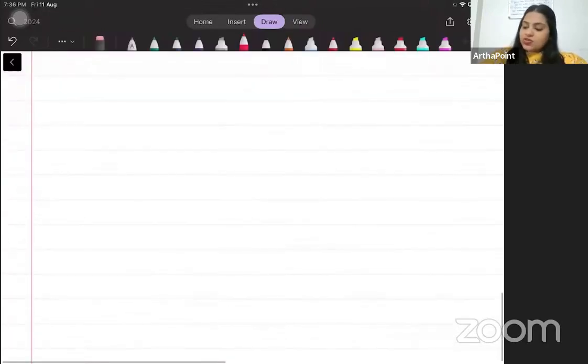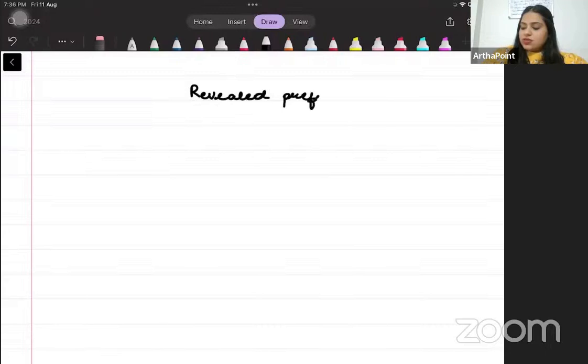Topic. Let us go ahead and start with revealed preference. Now, I can divide this chapter of revealed preference into three main parts. There are three things that you should be focusing on as part of this chapter. First, the first thing that we want to understand is called WARP.